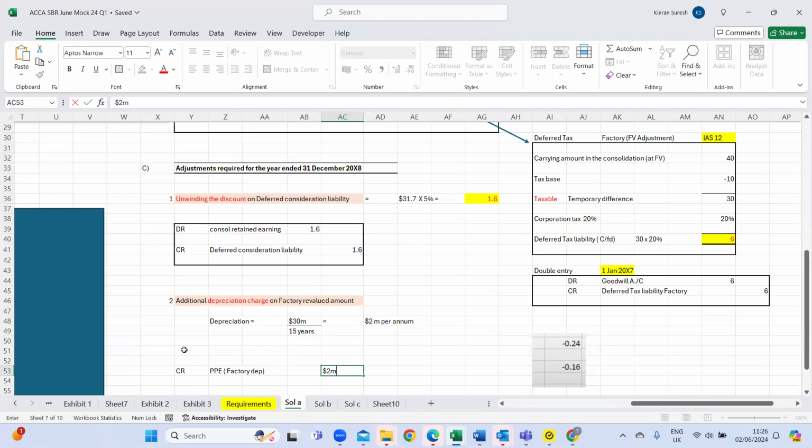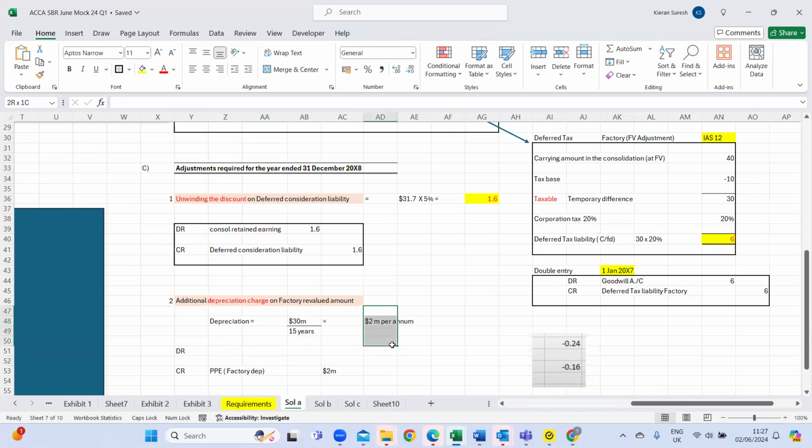Now, generally, if there was no subsidiary, only one company, this would have been debited to the profit and loss account. But here, what we have is a consolidation. We have the parent's profit and loss account, we have the subsidiary's profit and loss account, and NCI is waiting to take its share from the subsidiary's figures.